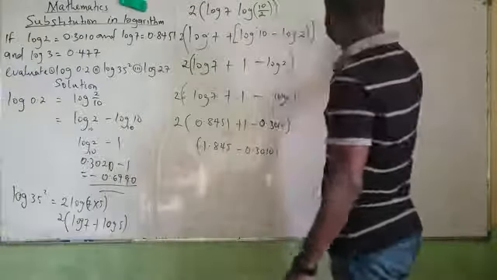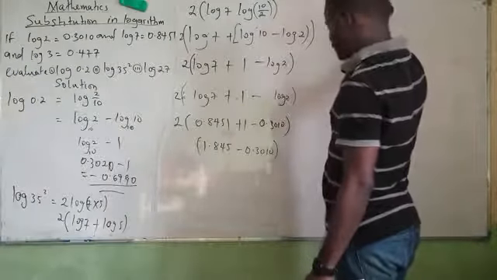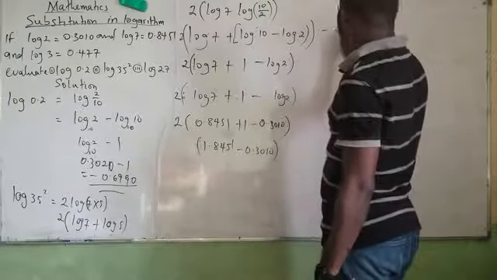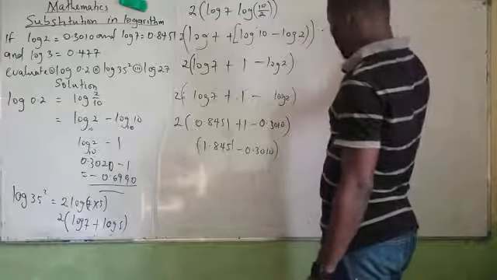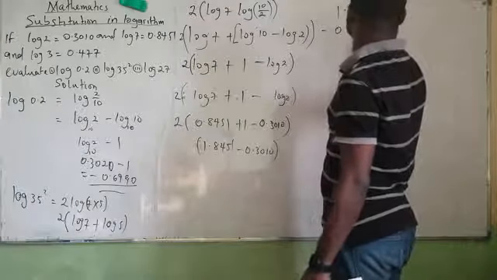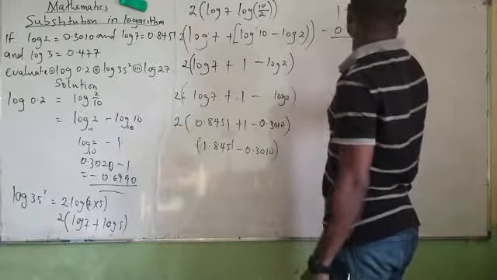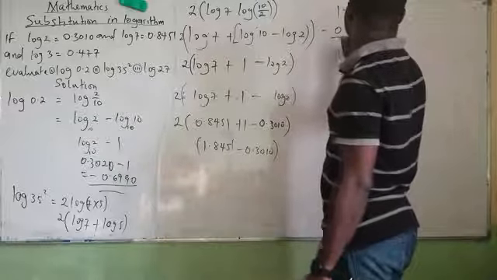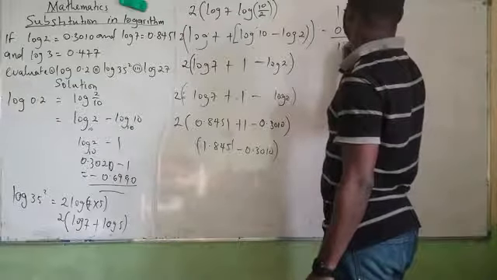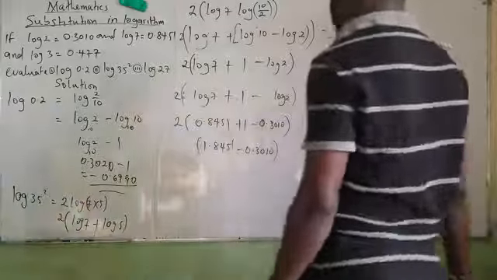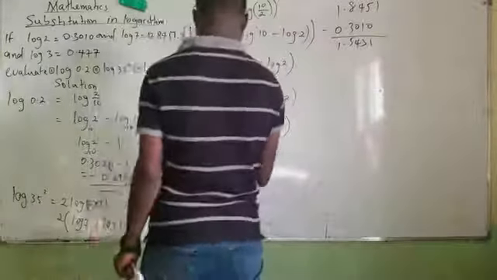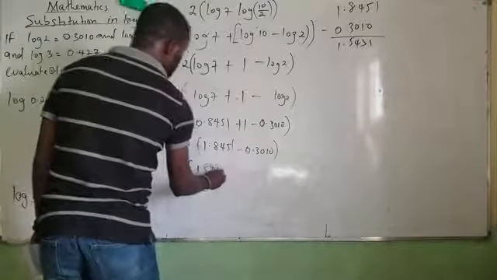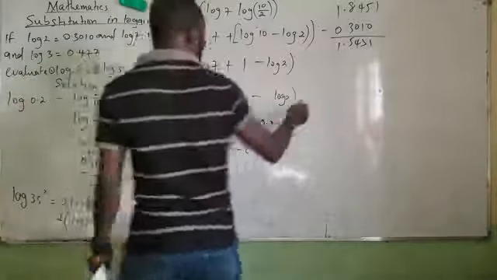If you are not very smart, put it this way: 1.8451 minus 0.3010, which gives 1.5441. That is what we are going to have, which is going to be multiplied by 2. Don't forget, I will be having 2 bracket of 1.5441. Now, how do I multiply this by 2?